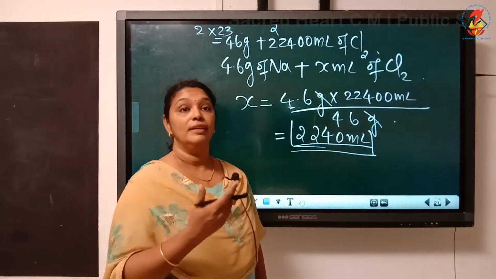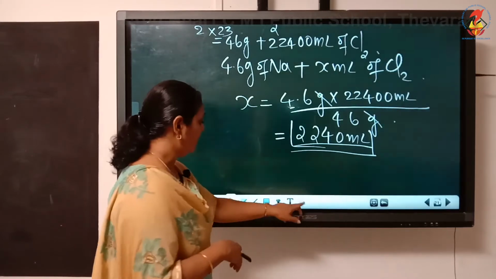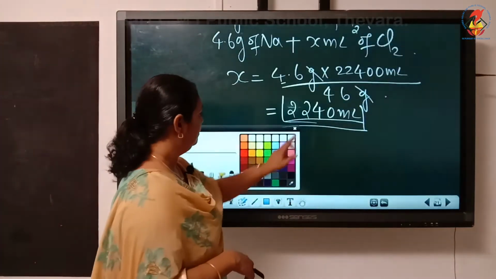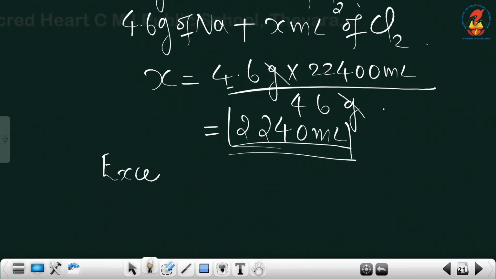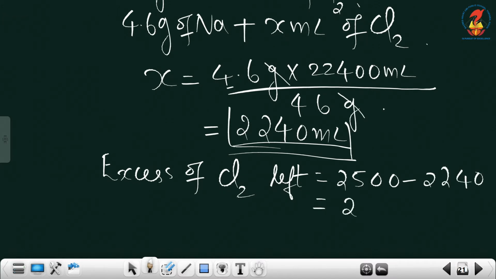So, what is the excess of chlorine left? Chlorine is in excess now. So, the excess of chlorine present or left will be equal to 2500 minus 2240 which is equal to 260 ml.